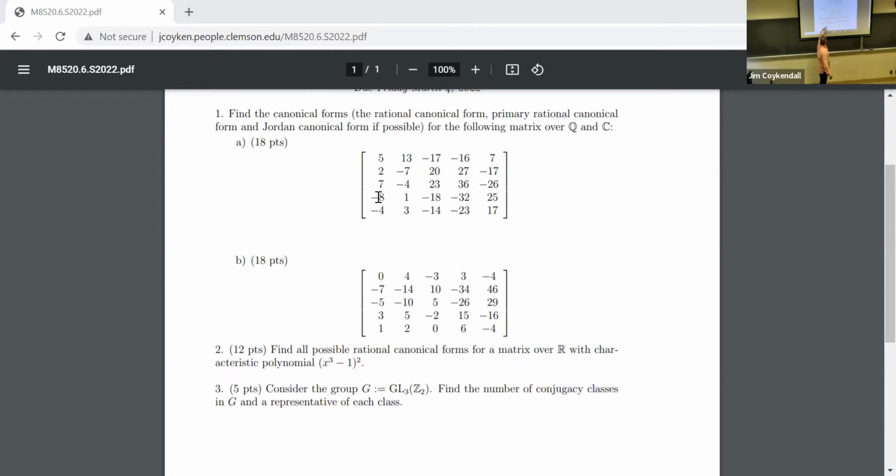Find the number of conjugacy classes and give me a representative for each conjugacy class. Like the class equation says that all 168 elements fit in some conjugacy class of different sizes, perhaps. Find all of them and give me a representative from each one of them, which is kind of a cool problem. Okay, any questions on that?